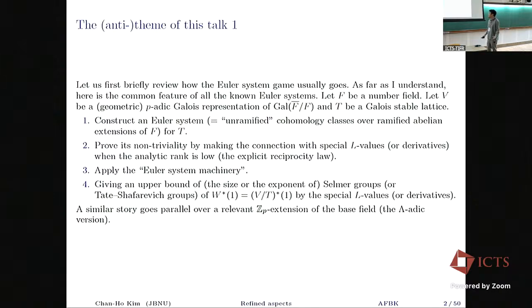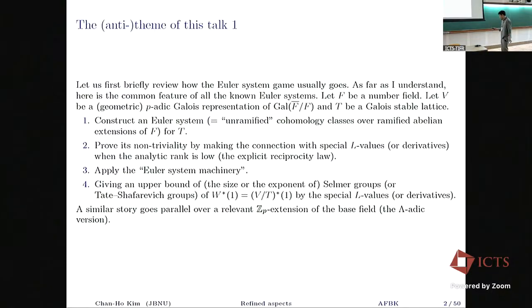Then apply the Euler system machinery, which we will focus on more later. All this gives us the upper bound of the size or exponent of the Selmer group or Tate-Shafarevich group of the dual Selmer by the special L-values we got in step 2. A similar story goes over a relevant Z_p-extension of the base field, which is nothing but the Iwasawa-theoretic version.